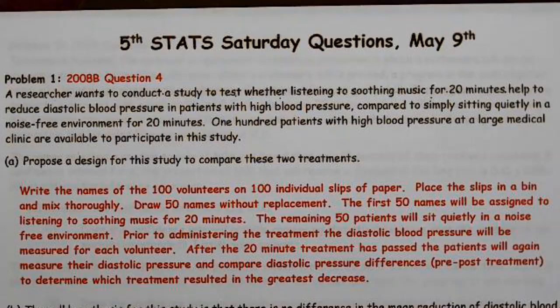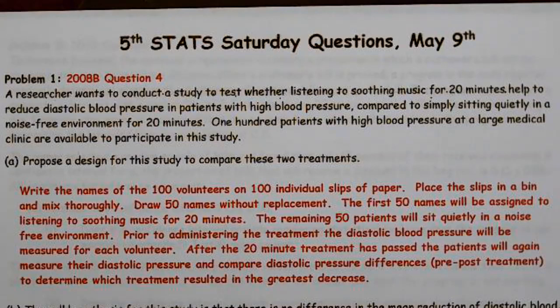And prior to administering the treatment, the diastolic blood pressure will be measured for each volunteer. Why? We need to make sure that there's a drop, so we're going to need to measure it before. And then after the 20-minute treatment has passed, the patients' diastolic pressure will be measured again, and we compare the differences pre-treatment versus post-treatment to see which treatment option had the greatest drop.